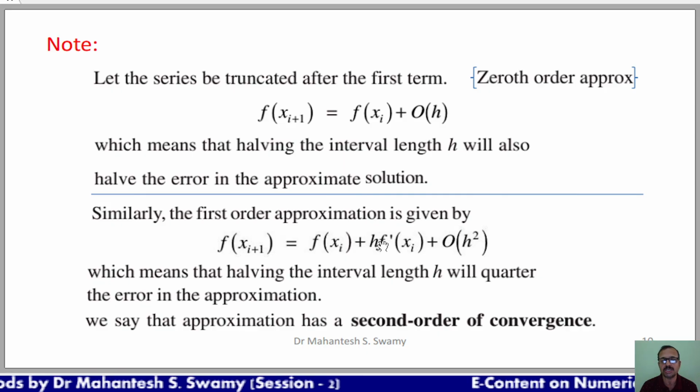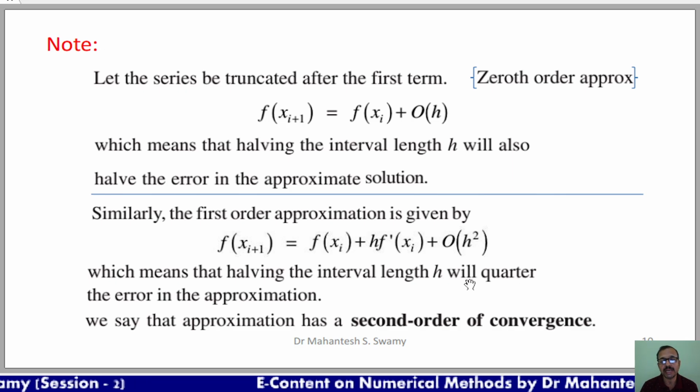First order approximation is nothing but h to the power of 1 we have to consider. That is, 2 terms should be considered. So after 2 terms, what is the order of the remainder? Remainder is of the order of h square. So the order of the error is h square. So if h is 1 by 2, the error in the approximation will be 1 by 2 to the power of 2, that is 1 by 4, which means that halving the interval length h will quarter the error.